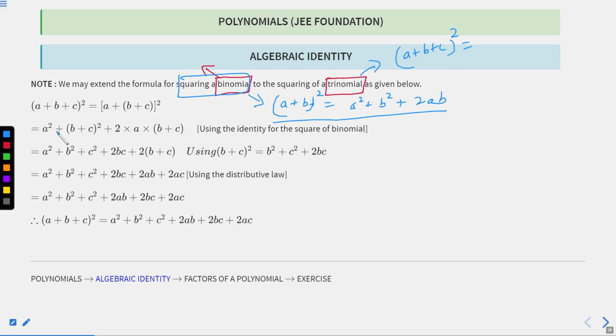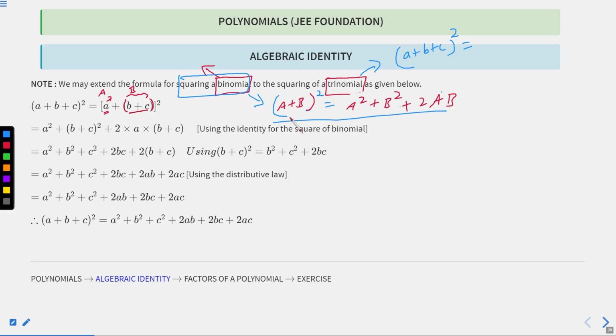So how are we going to do that? It is quite easy. Just use brackets. (a plus b plus c) whole square is the same as (a plus (b plus c)) whole square. Now this a is my capital A, and this whole term is my capital B. So using the formula (A plus B) whole square is equal to A square plus B square plus 2AB, I am using capital A equal to small a, and capital B equal to b plus c.